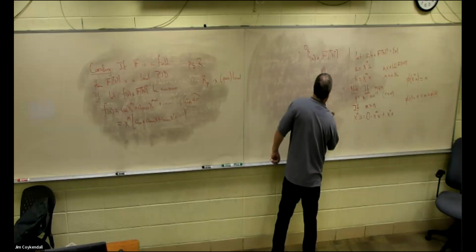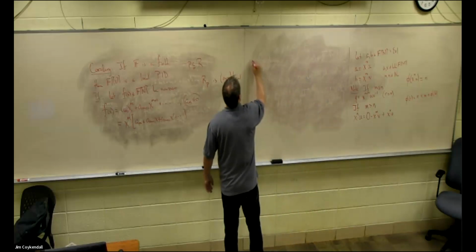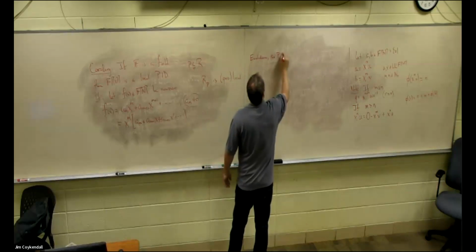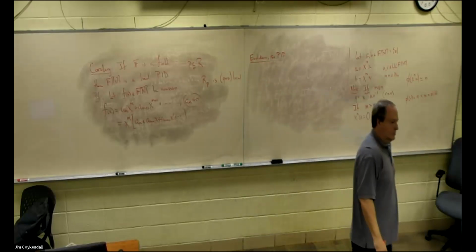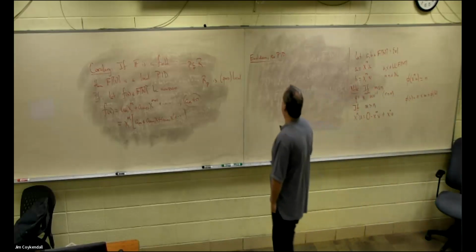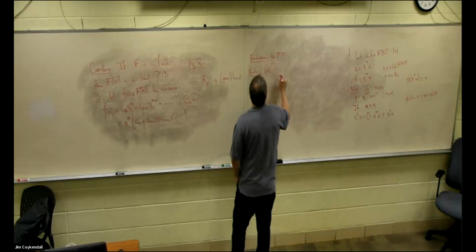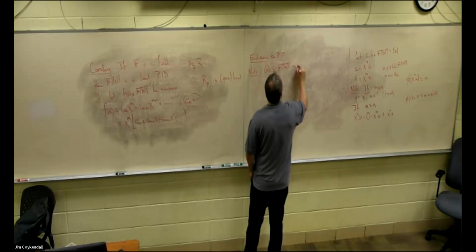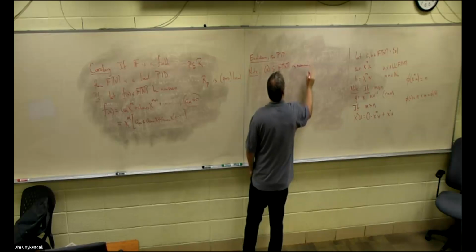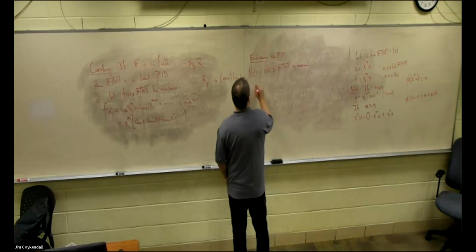Why is it local? Let me point out the ideal generated by x in F[[x]] is maximal.